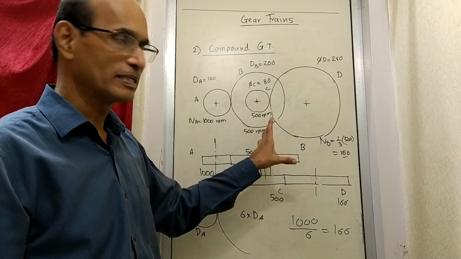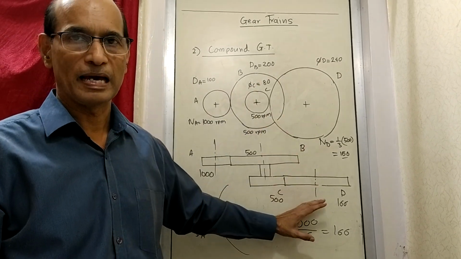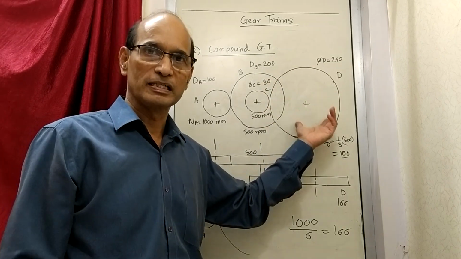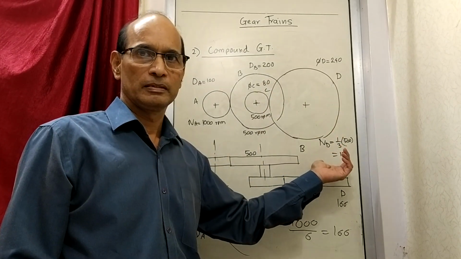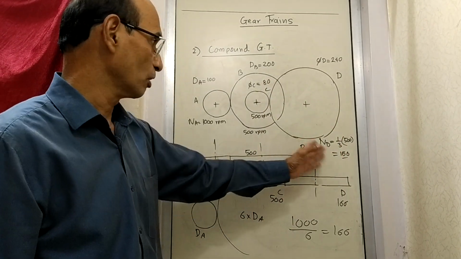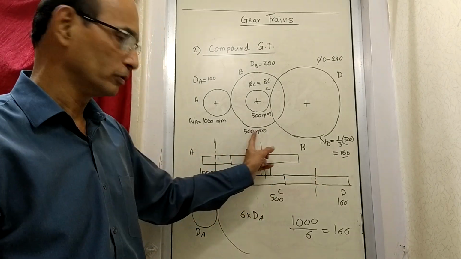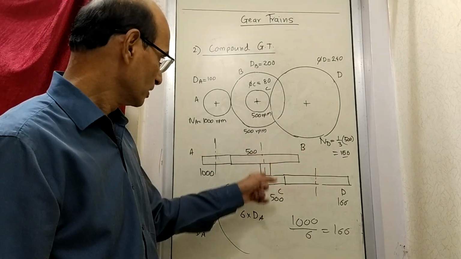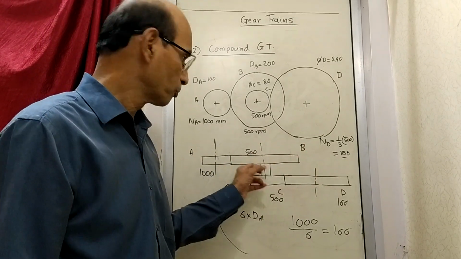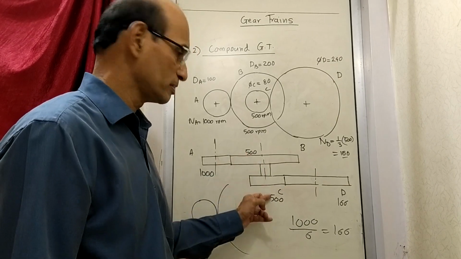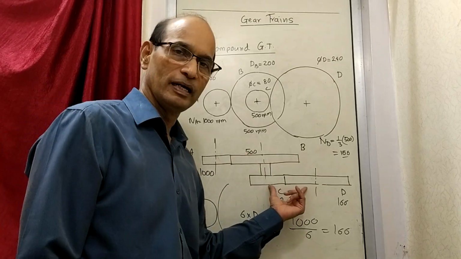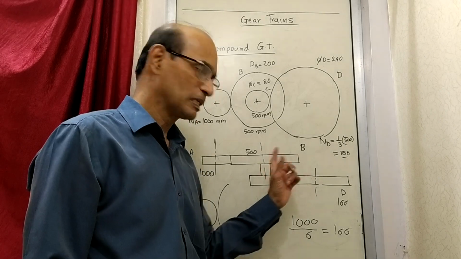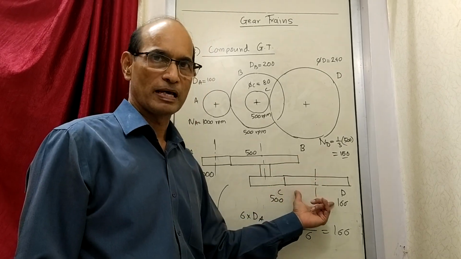If there is an exercise where you are given such a diagram with all the various teeth given, then you can find out the speeds of different gears depending on the arrangement. In this case, these two are on the same axis, therefore the speed here is the same. Here they are connected, one is driving another, on different axes.